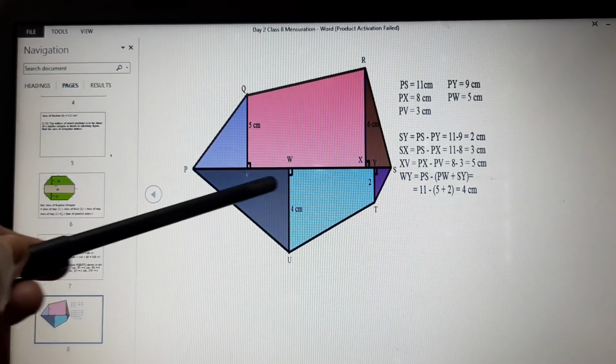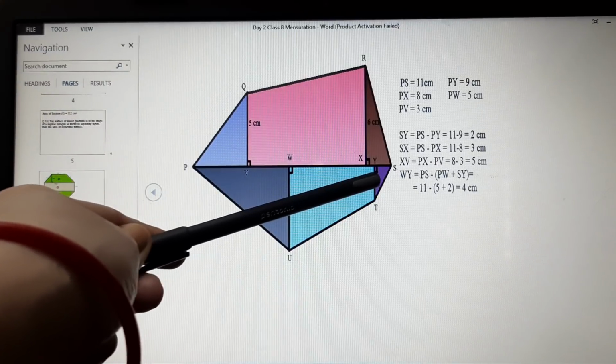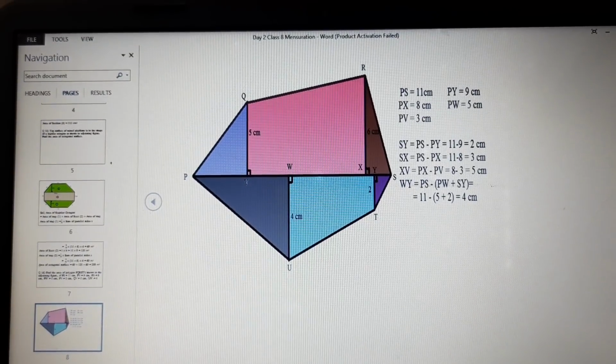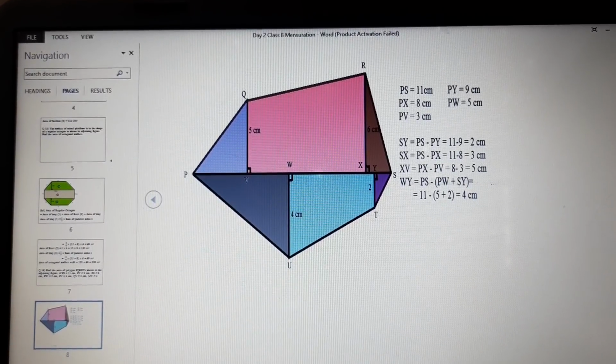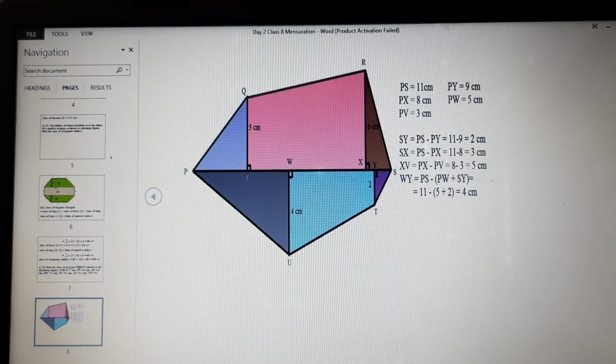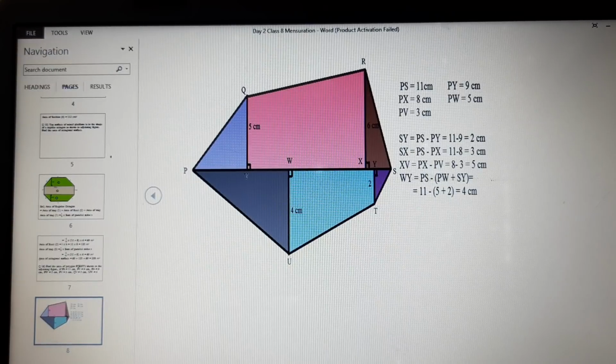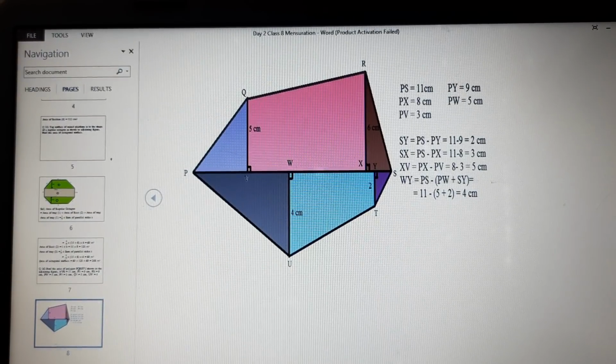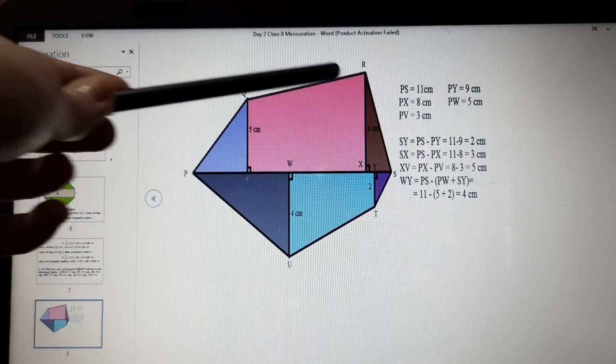So 5 will be subtracted from this side, 2 will be subtracted from this side. So basically 7 will be subtracted. Okay, so we will have 4. WY becomes 4 centimeter.